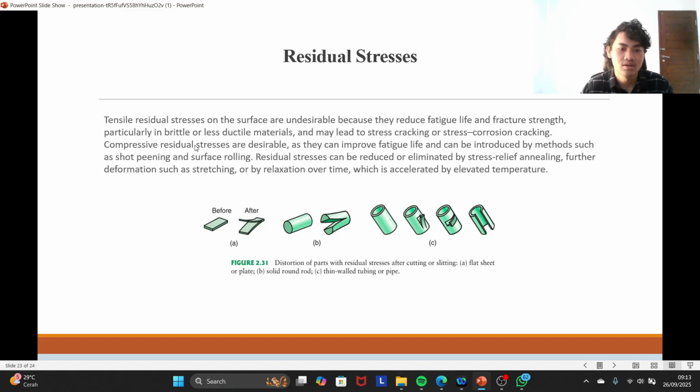Compressive residual stresses are desirable, they can improve fatigue life, and can be introduced by methods such as shot peening and surface rolling. Residual stress can be reduced or eliminated by stress relief annealing, further deformation such as stretching, or relaxation over time, which is accelerated by elevated temperature.